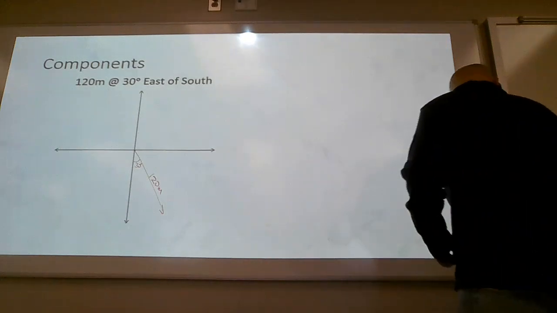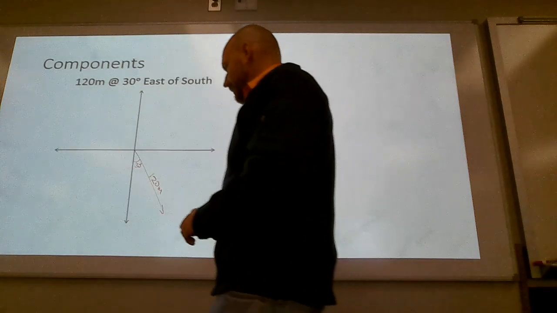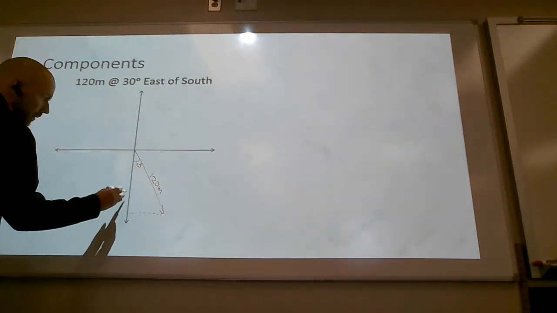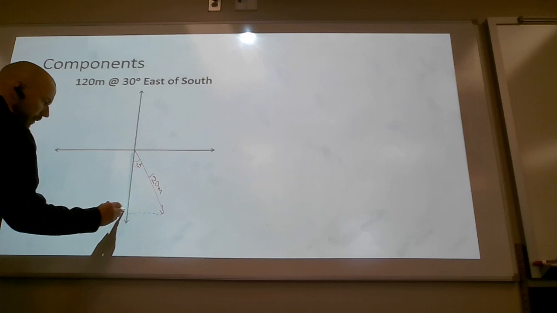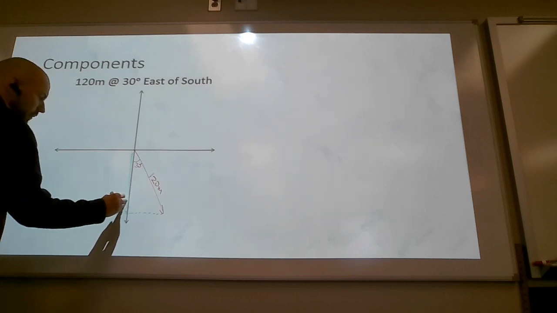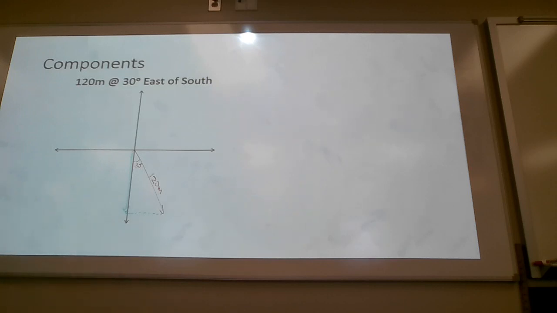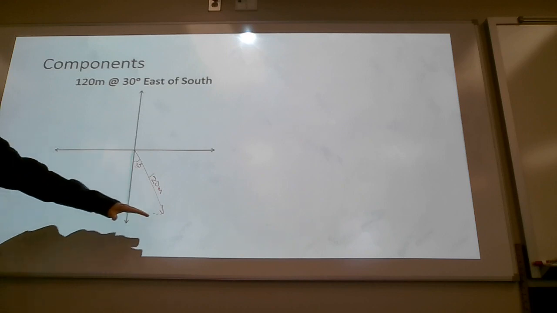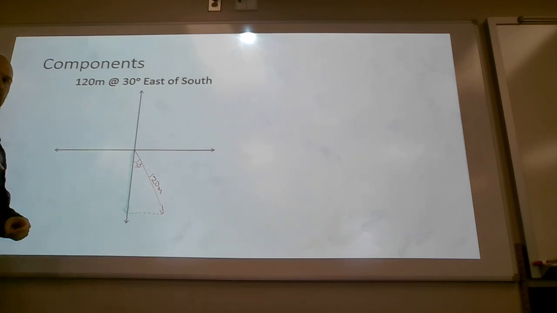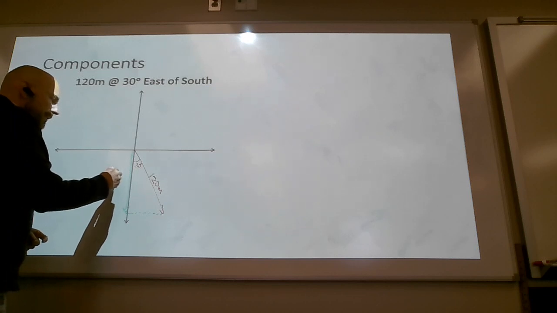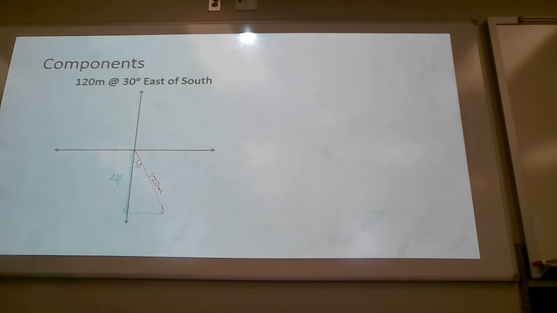Well, that's a good question. About that much. So I came up with that. Does that make sense? This is how much I went southward. This would be known as my y component. Because this is the displacement, I'm going to say delta y. It's my y component of the displacement.